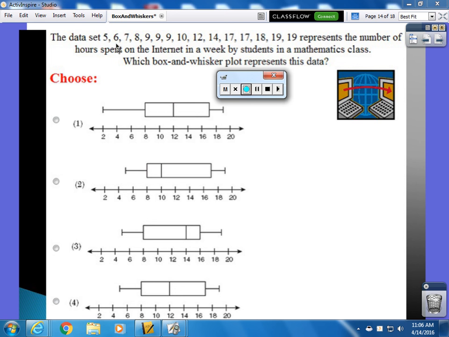But the other thing we can do is count: 1, 2, 3, 4, 5, 6, 7, 8. There's 7 numbers above 10 and 7 numbers below 10. So we know that 10 has to be the median. That pretty much gives us the right answer right there, because that's the only one that has 10 as the median. That is the middle number, and that's going to be 50% above, 50% below.